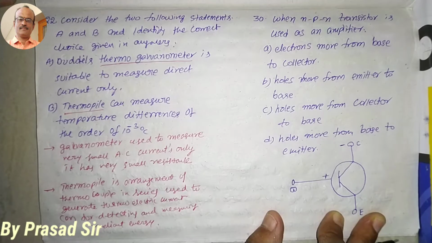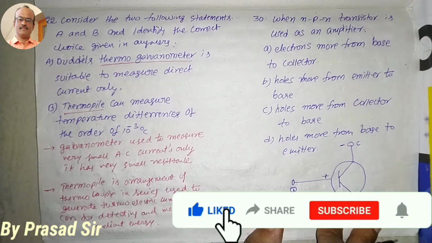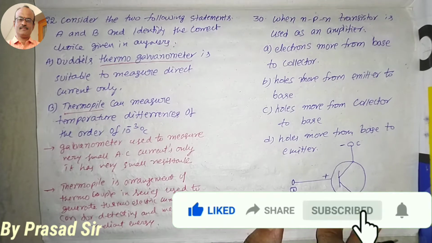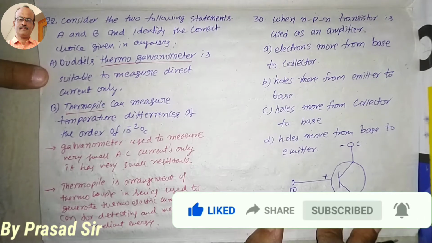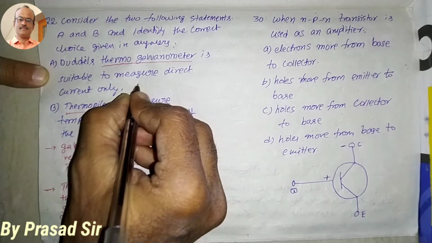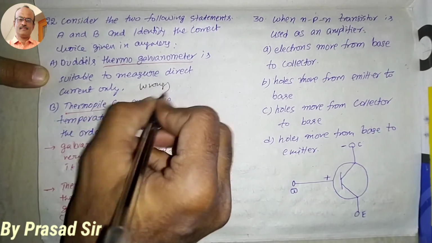First of all, we will take A. Duddell's thermogalvanometer is suitable for measuring direct current only, that means DC current, they are saying. Actually, Duddell's thermogalvanometer is used to measure very small amounts of alternating currents. It has very small resistance. So option A is wrong.